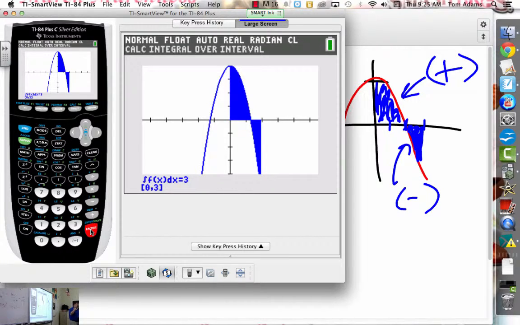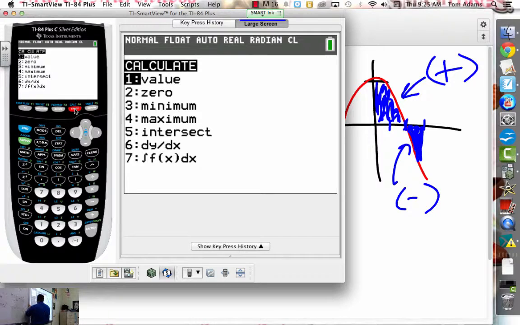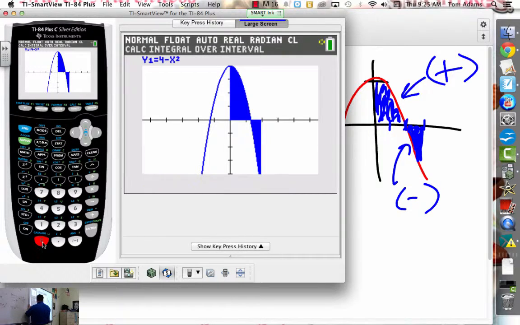But it's not 3. Actually, my area under the curve, if I recalculate this, if I go from 0, it looks like it crosses at about 2. I'm not quite sure where it crosses. But if you notice, from 0 to 2, it's 5.33. And then if you go from 2 to 3, it'll be a negative number.